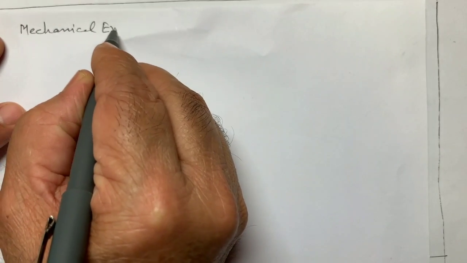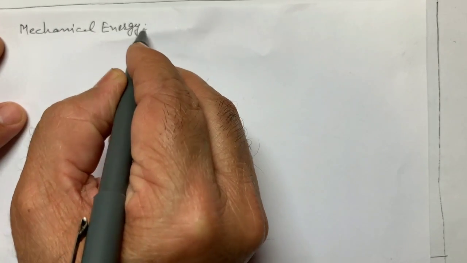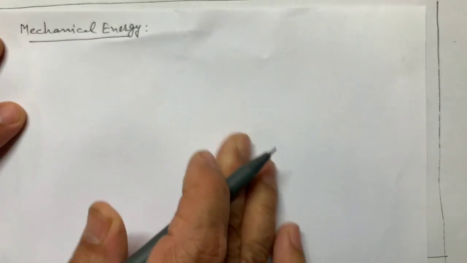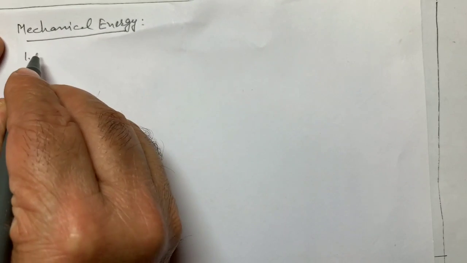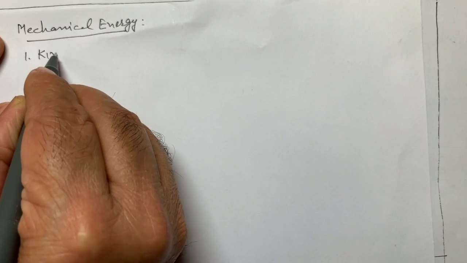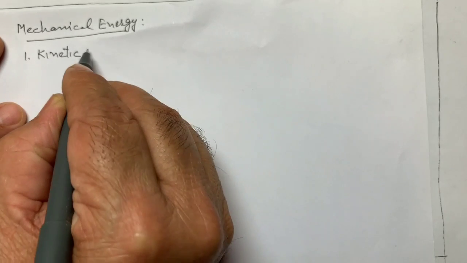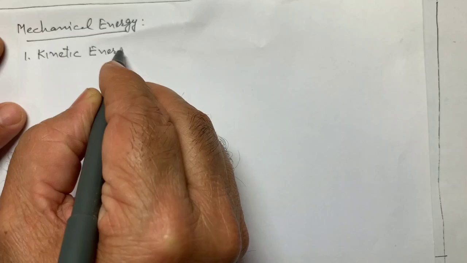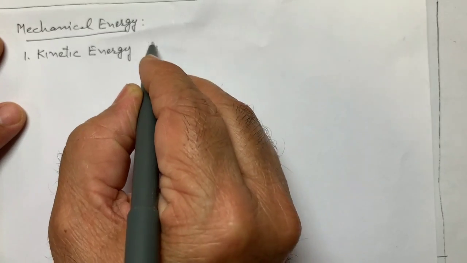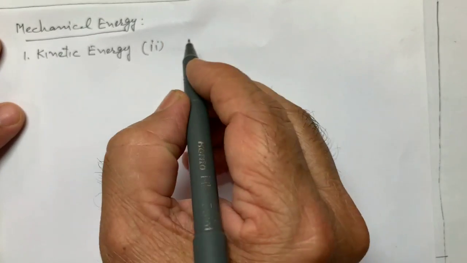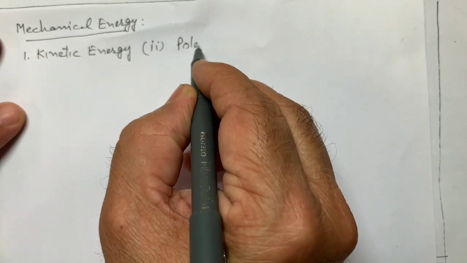Mechanical energy is of two types. Number one, kinetic energy. Number two, potential energy.